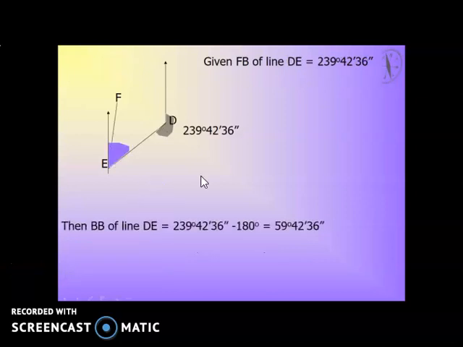In the same way, you draw a partial diagram again of the lines DE and EF. You make use of the forward bearing of the line DE that you have calculated previously. Then you can work out the backward bearing of the line DE by taking this value and subtracting away 180 degrees.